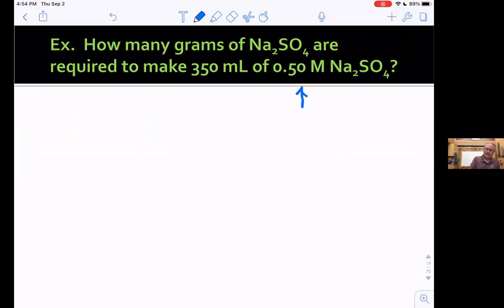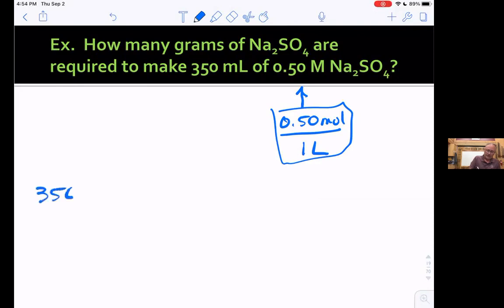This right here is a conversion factor. It is 0.50 moles of sodium sulfate in 1 liter of solution. So they're giving you this right here as a conversion factor. So what I would do is, you have 350 milliliters of solution, right?